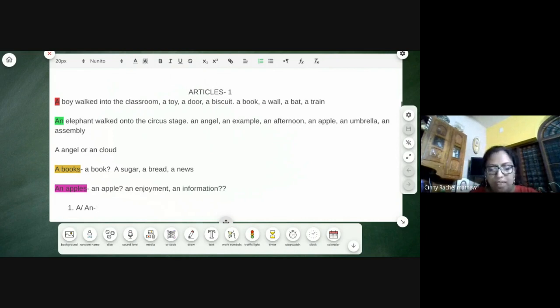So we have a, in inverted commas so that it doesn't confuse you, comes before nouns beginning with a consonant sound.